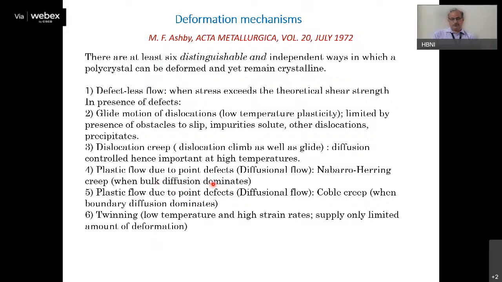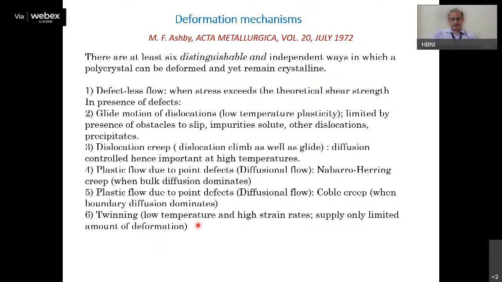Whereas there can be point defect diffusion only at the boundaries, the diffusion at the grain boundaries. This is called Coble creep. This happens at relatively lower temperatures, while Nabarro-Herring happens at relatively higher temperatures. So these also contribute to plastic deformation.